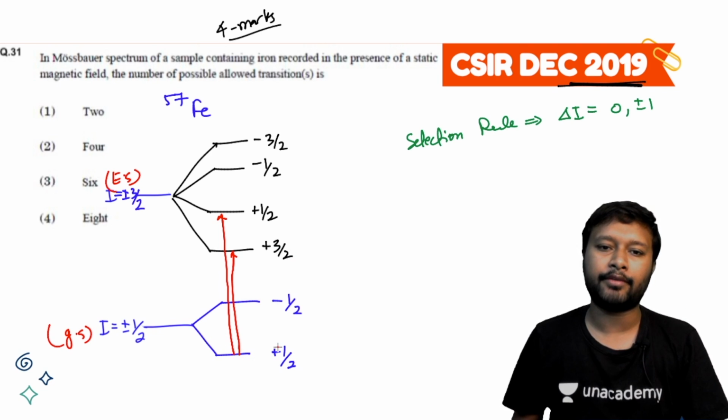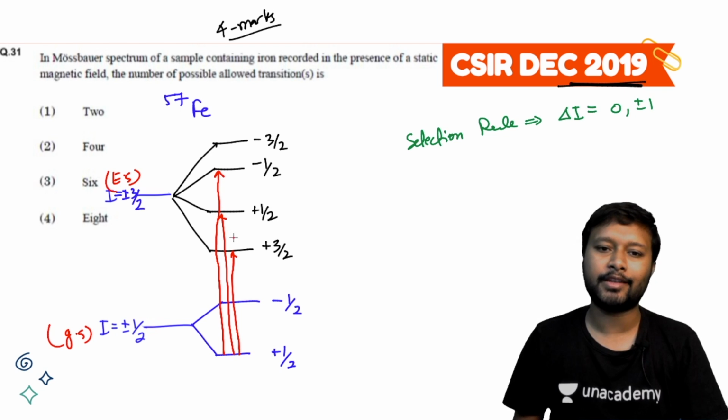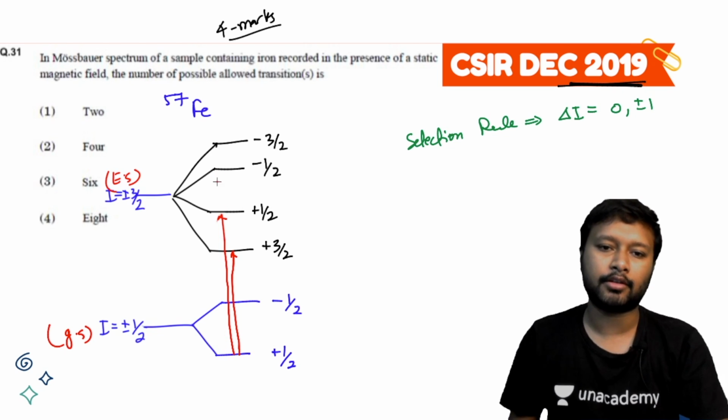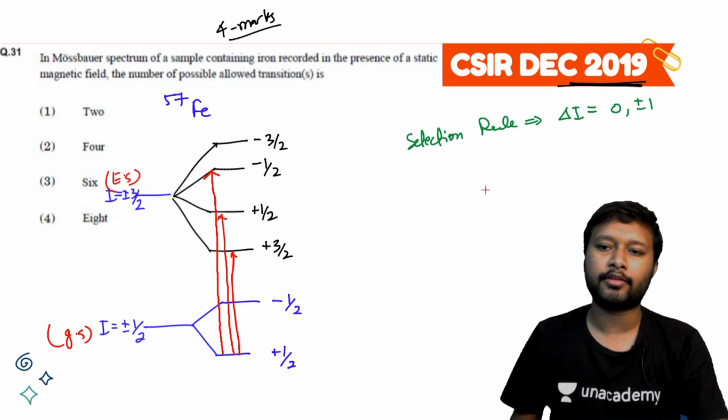And if you do the same with this, you are going to get one more transition, from plus 1 by 2 to minus half. You can just subtract to check it out: plus half minus minus half is going to give you plus 1. So the selection rule is being followed in all the 3 transitions.